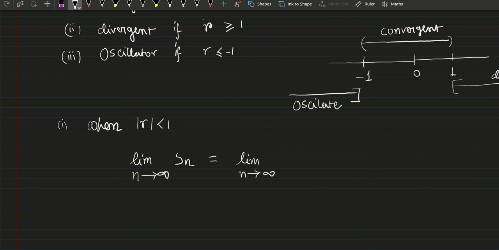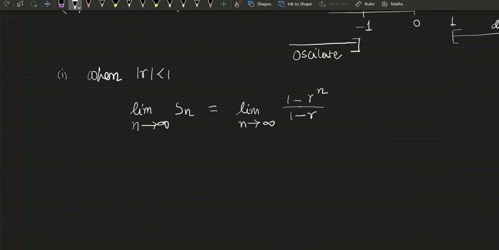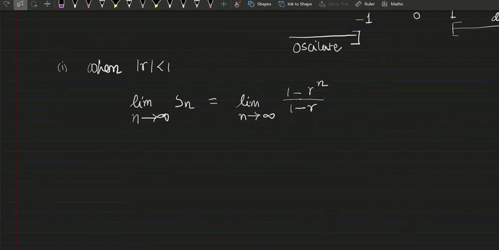As r is less than 1, the formula will be (1 minus r to the power n) by (1 minus r). We have to find the value of r to the power n when n tends to infinity and r is less than 1.